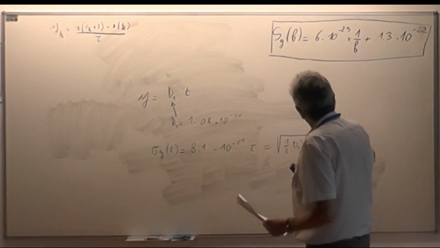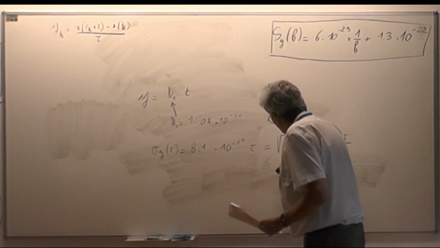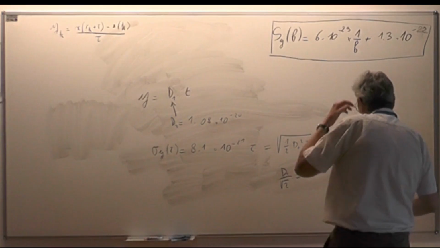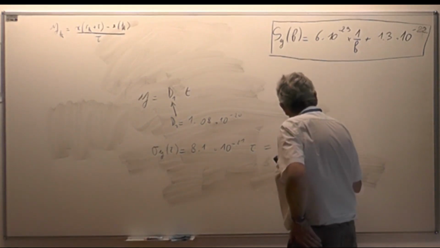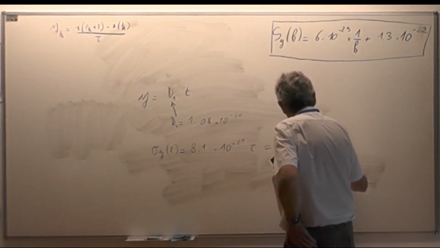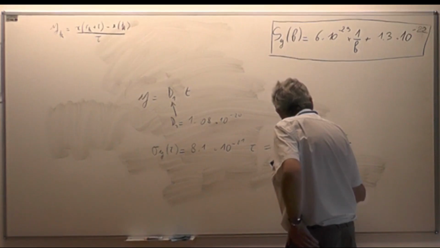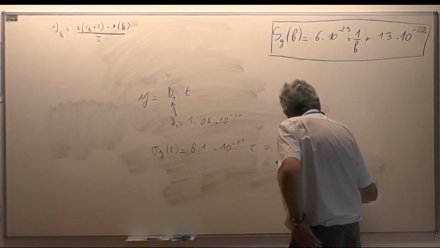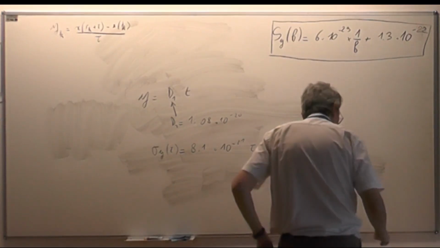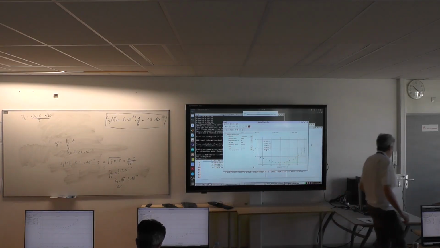So if I have d1 divided by square root of 2 equal to 8.1 10 to the minus 21, d1 should be equal to square root of 2 multiplied by 8.1 10 to the minus 21. What does that give? I will make the computation with Octave.